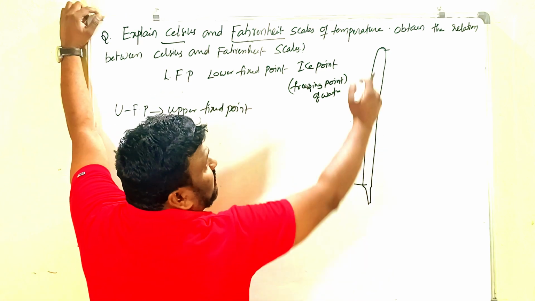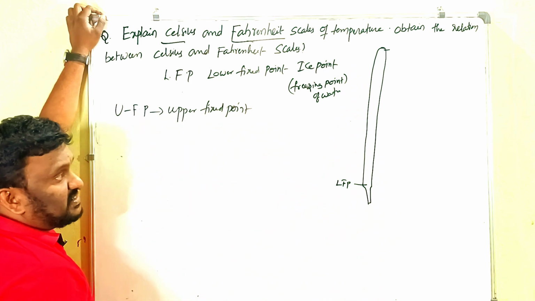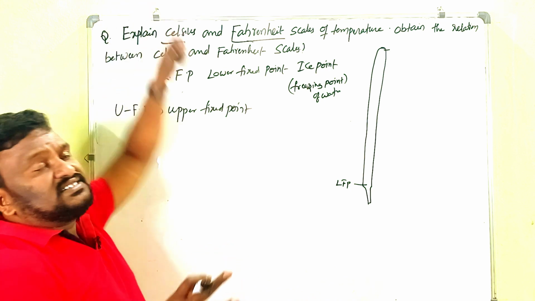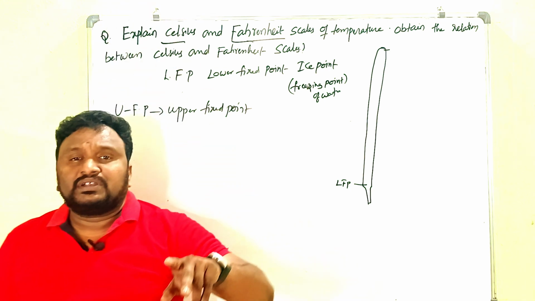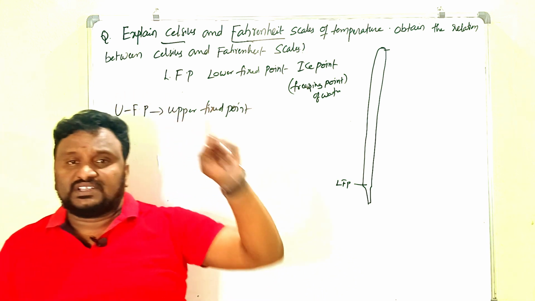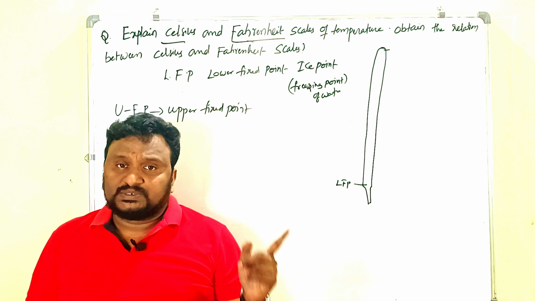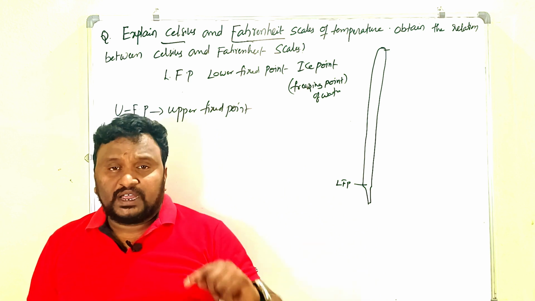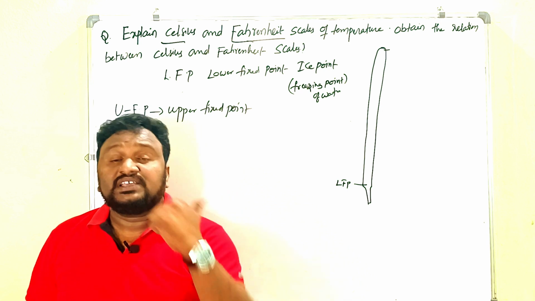The length between these 2 points is calibrated into equal parts. That is the general construction of a thermometer. LFP is the ice point or freezing point, at which water is converted from the liquid state to the solid state.